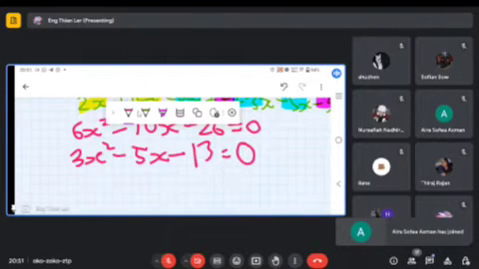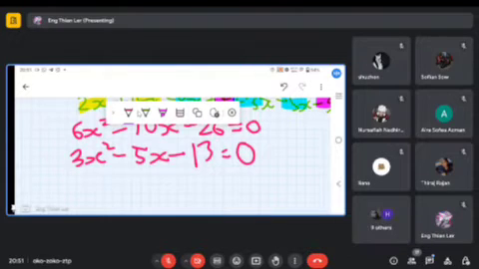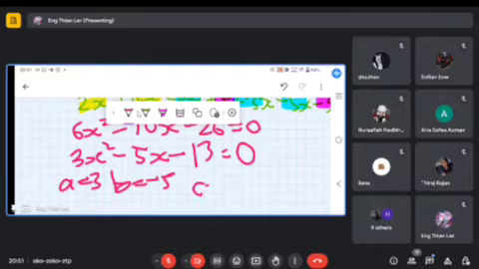Now I'm going to use the quadratic formula. In this case, a will be 3, b will be negative 5, and c will be negative 13. Oh wait.